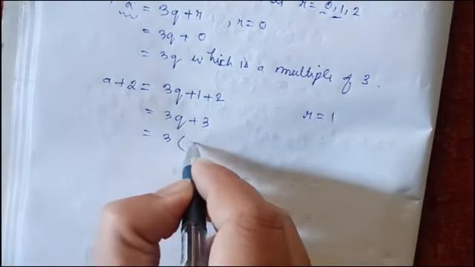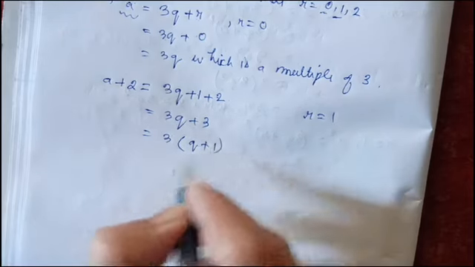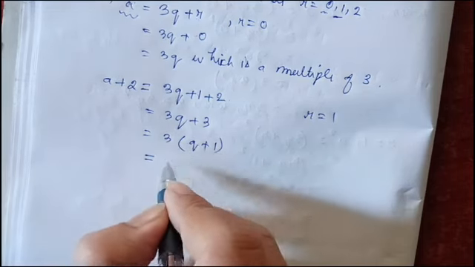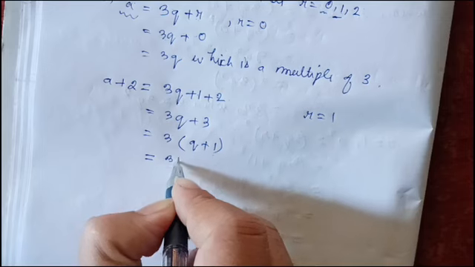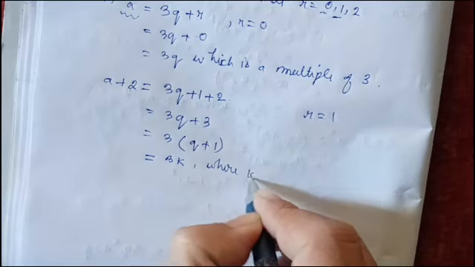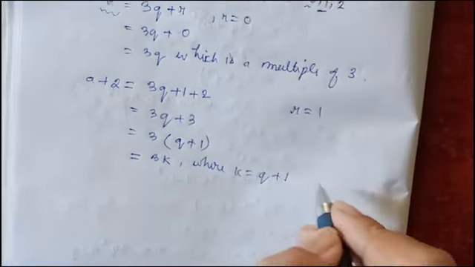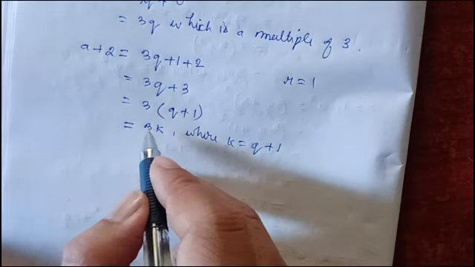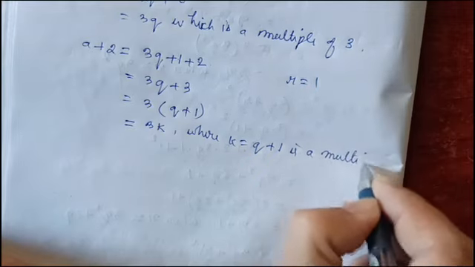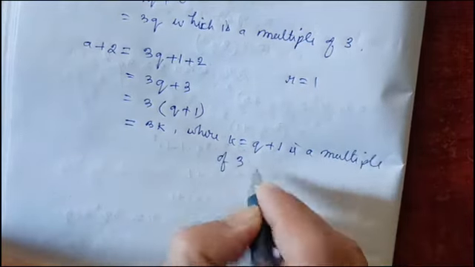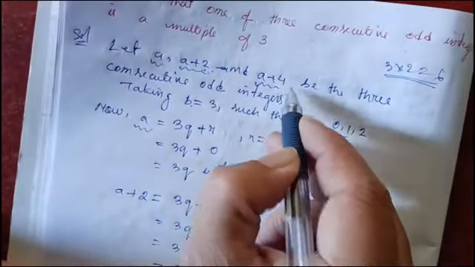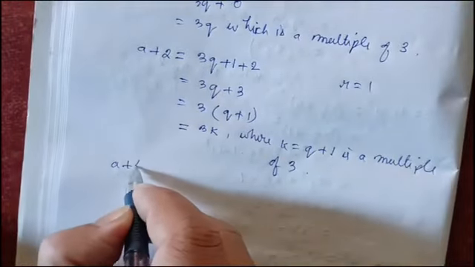If you take 3 common, here only q is remaining, and here 3 ones is 3. This q plus 1 you can replace with k, where k equals q plus 1. So this is 3k, you know that 3k is a multiple of 3. Then next is a plus 4.